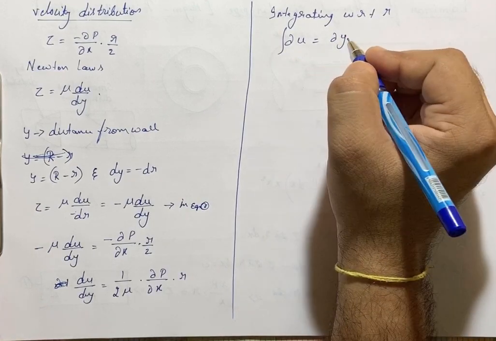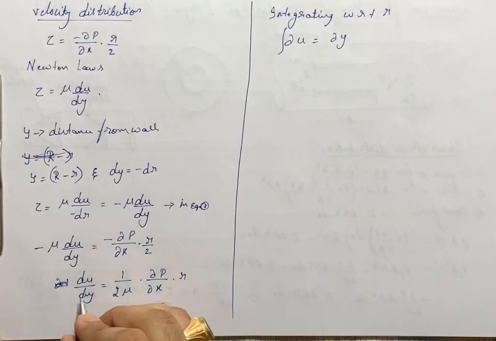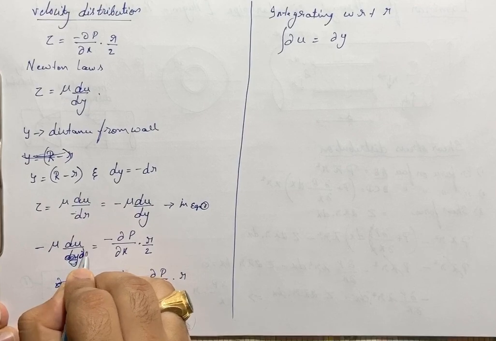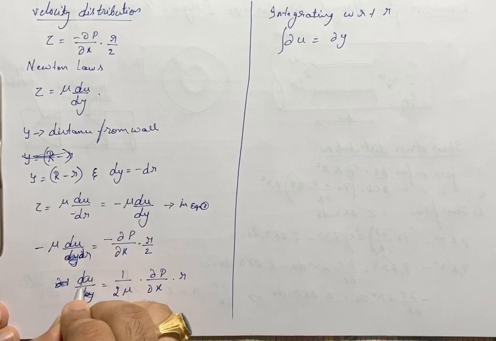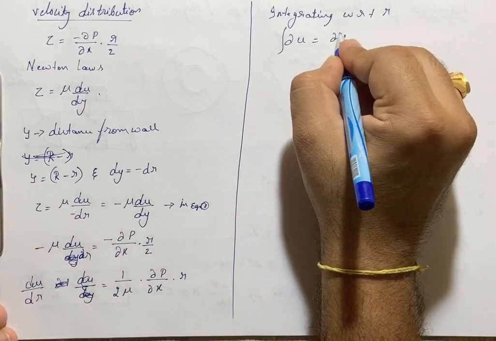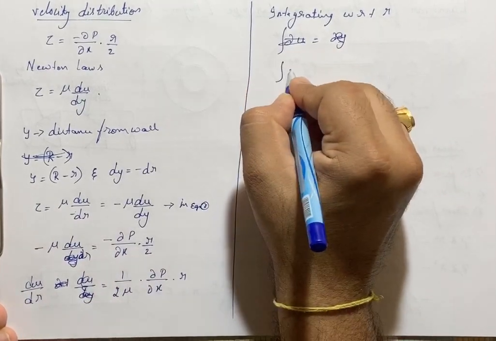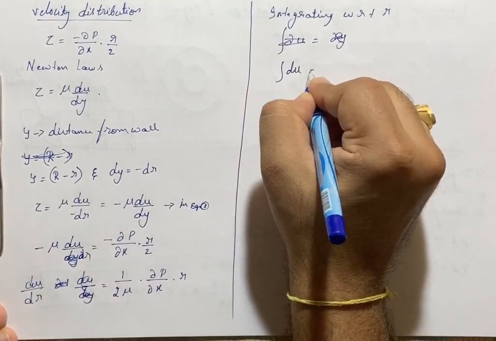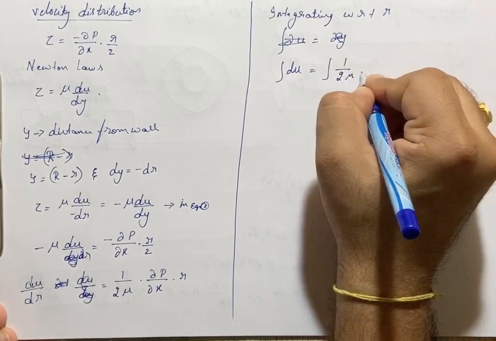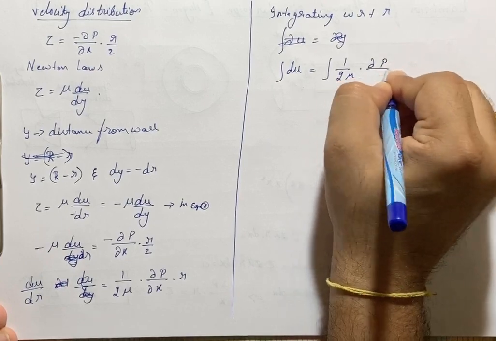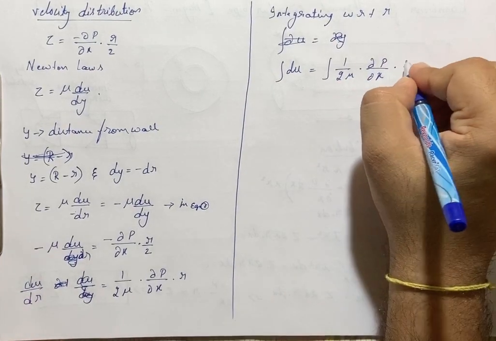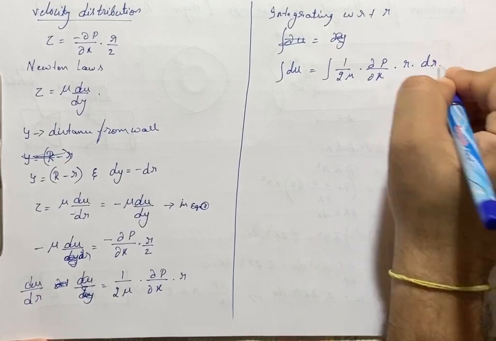Sorry, this will be ∂u by ∂r, du by dr. So this becomes the integration of du is equal to the integration of 1 divided by 2μ into ∂p by ∂x into r into dr here.